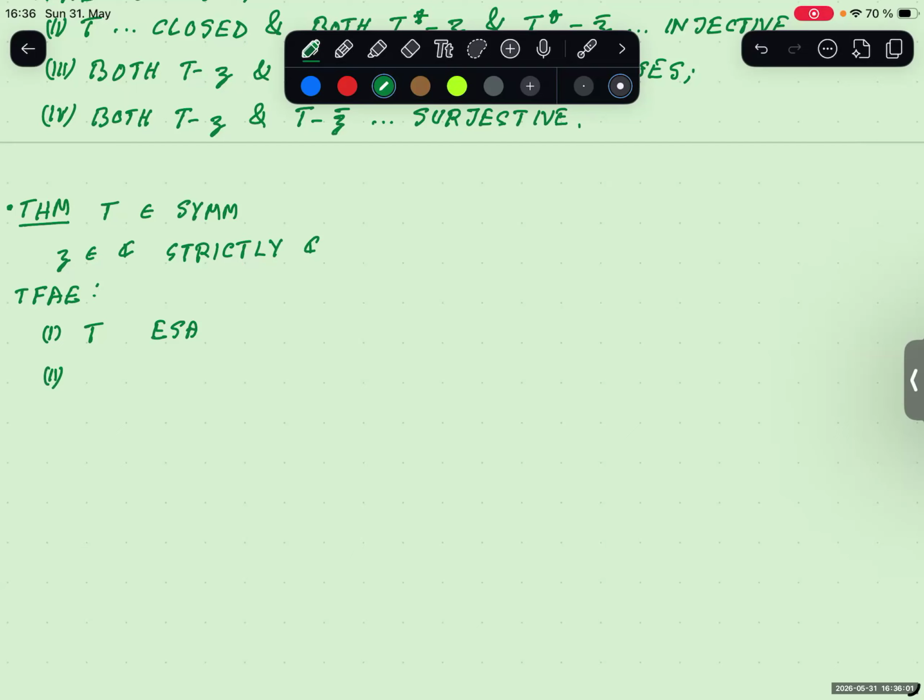Number two, both the adjoint of T minus Z and the adjoint of T minus Z complex conjugate are injective.